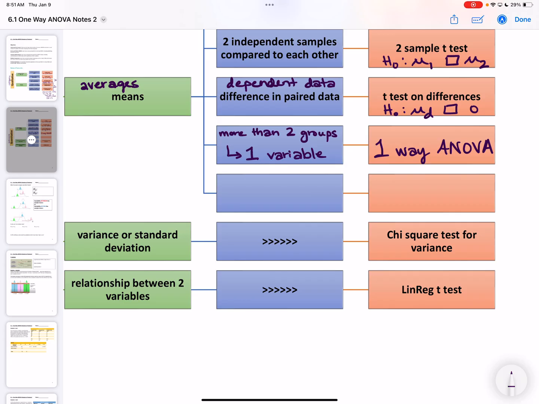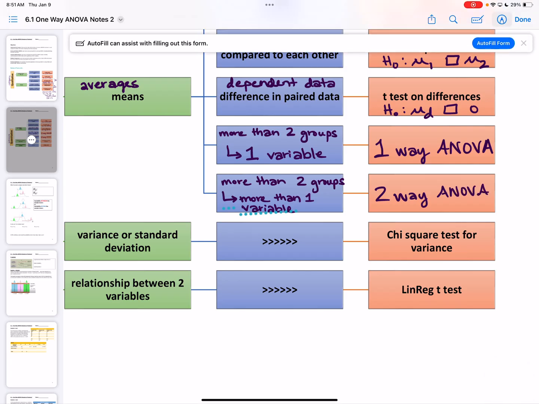That can be 3 groups, 4 groups, 5 groups, whatever. Okay? And you're looking at one variable about those groups and you want to compare the averages. That's called a one-way ANOVA. Okay? If you have more than 2 groups, but you also have more than one variable you're considering, then that's called a two-way ANOVA test. Okay?